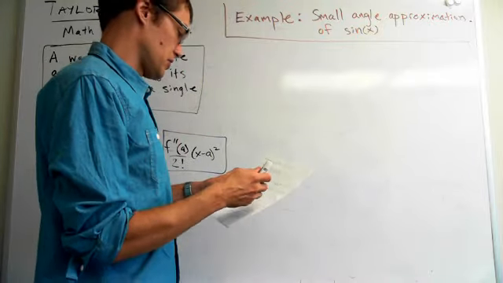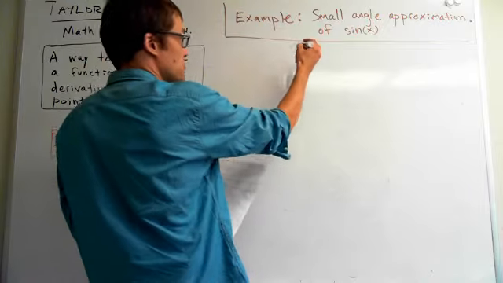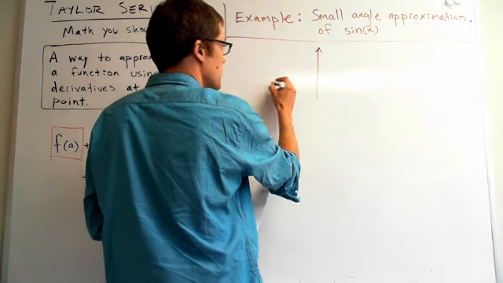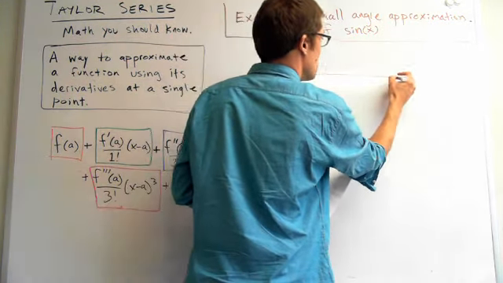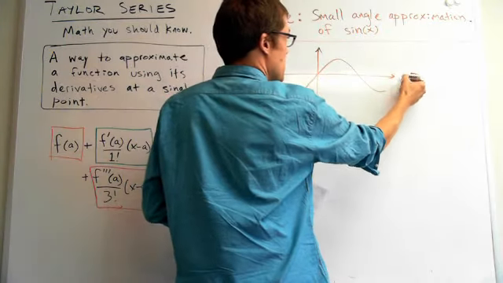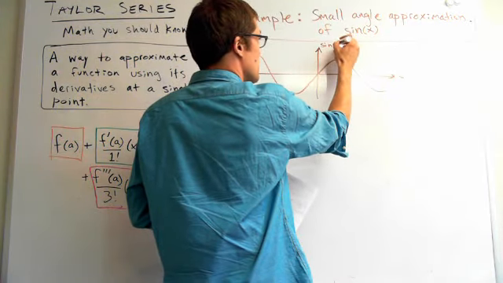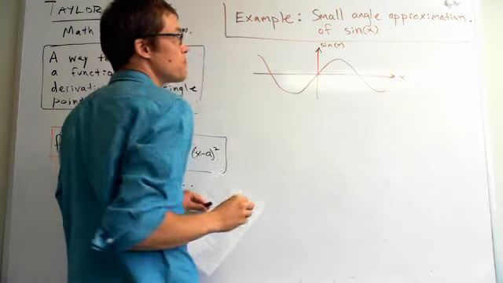in our lecture earlier. Okay, so sine as a function of x is just this wavy function. This is sine x, nearby x equals 0.